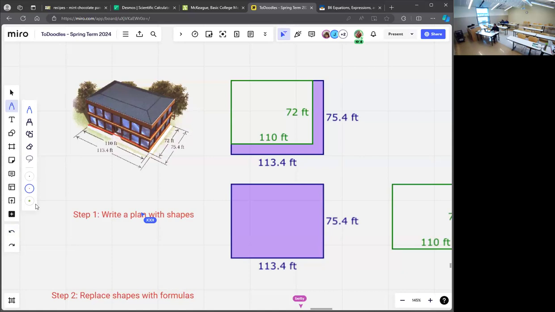And then there's the inside edge, which is 110 and 72. And what we're looking for is this purple L-shaped area, as the sidewalk. Is everyone okay just going from the fancy picture to the less confusing picture?